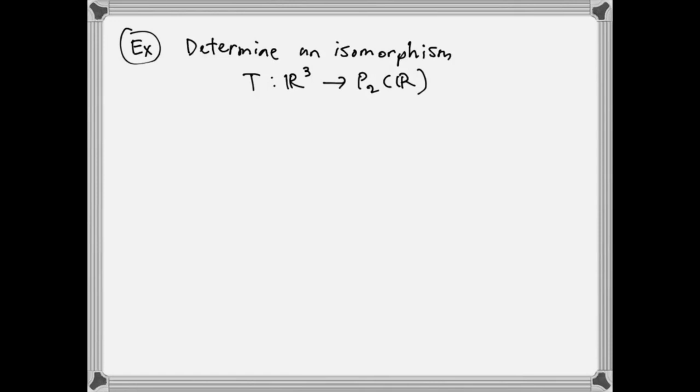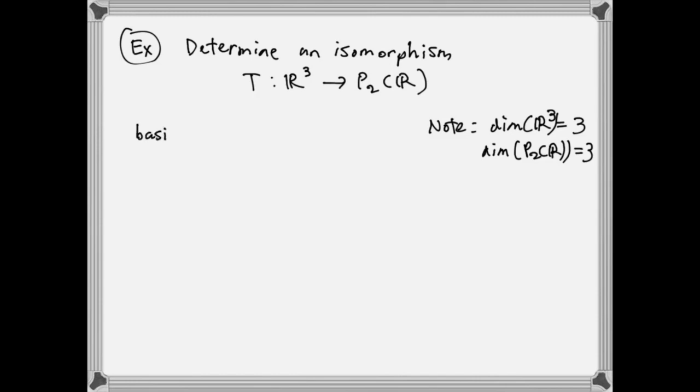So note, they are isomorphic, right? Because the dimension of R3 is 3, and the dimension of P2R is also 3. So because they have the same dimension, we now know that they are isomorphic to each other. So let's go ahead and determine an isomorphism. How are we going to do this?